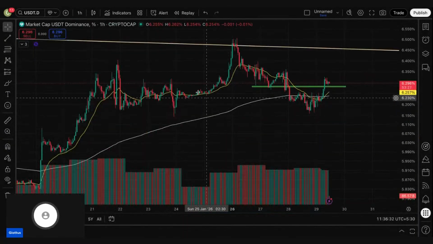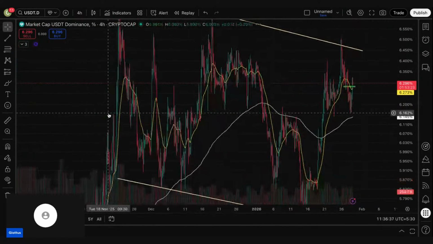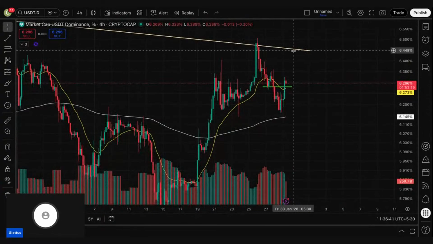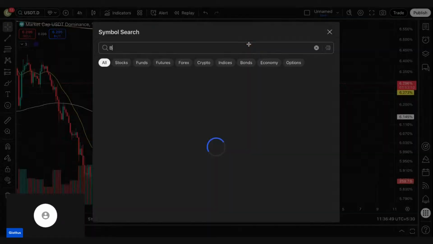Let's also have a look at USDT dominance. Dominance was falling from its high, but somewhere along the line it has bounced off from this 6.17% zone, right?